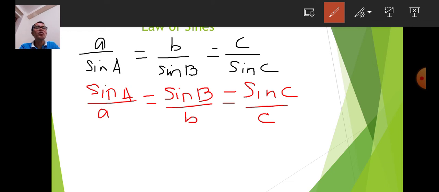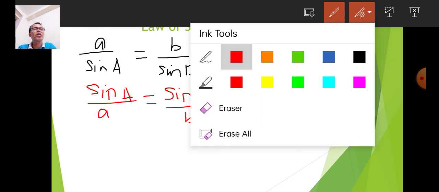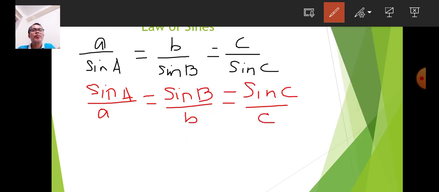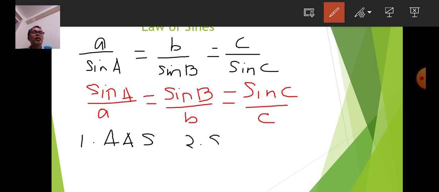Now, there are 3 conditions to use the law of sines. The law of sines can only be used if, number 1, two angles and the non-included side are given. Number 2, two sides and the non-included angle are given.